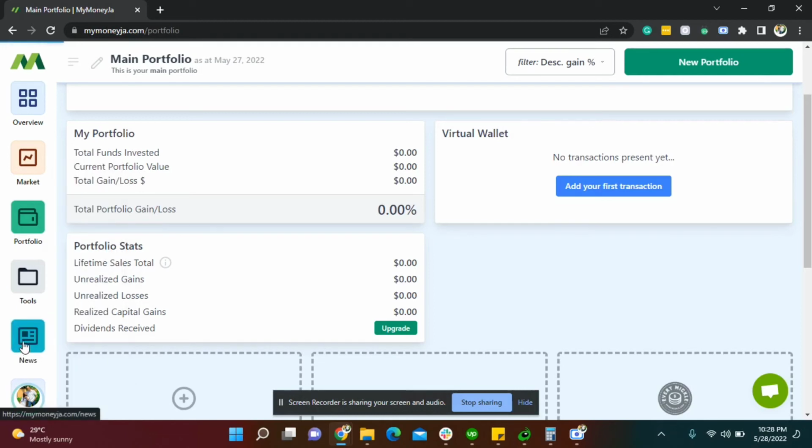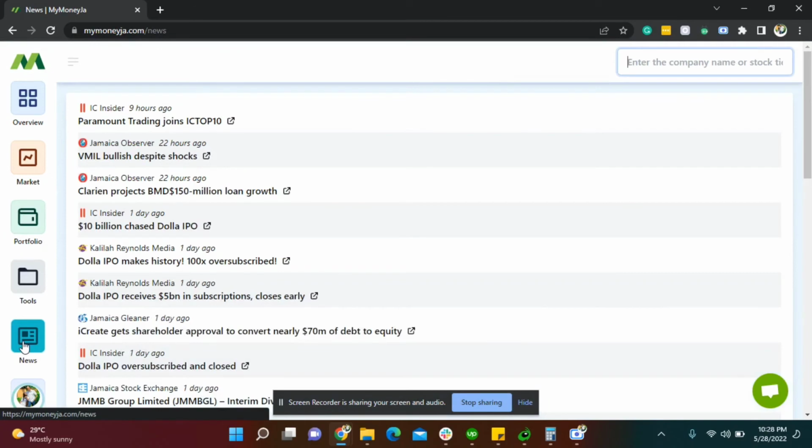And the news tab. The news tab, this is what I use to research different companies. I basically see the news out there, right? I basically watch the news, right? So not just TVJ and CVM and business news, but also the different media out there, social media, the different news, the online news outlets out there like IC Insider, Observer, and Gleaner, and social influencers like Khalila Reynolds as well, right?